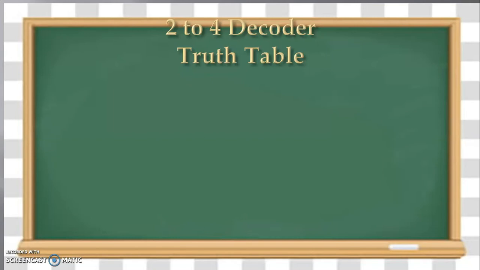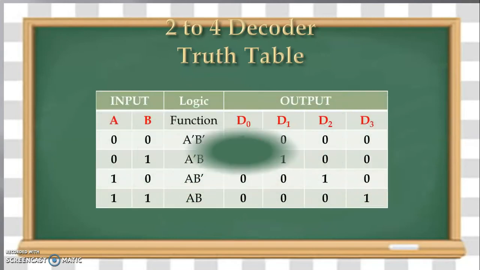Now let us see the truth table for the 2 to 4 decoder. We have 2 inputs, A and B. The possible input combinations are 0 0, 0 1, 1 0 and 1 1. And we have 4 outputs. As we discussed earlier, if we have 2 inputs, then the output will be 2 raised to power 2, and that is 4.